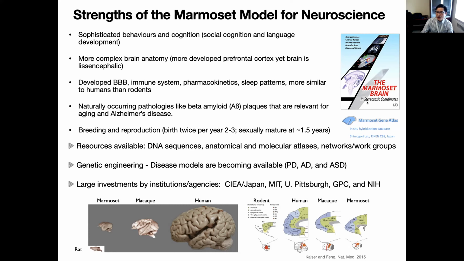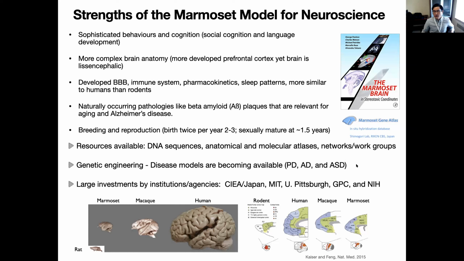And there are also marmoset gene atlases, for example, from Riken in Japan. Tomoe Shimogori has done an amazing job of creating an in situ hybridization atlas of the marmoset brain. And some really interesting things are coming out of this platform in terms of looking at differences in the molecular expression of genes in rodents and in marmosets.